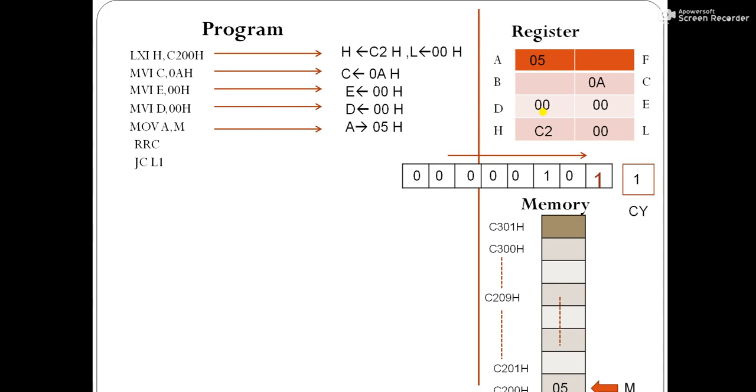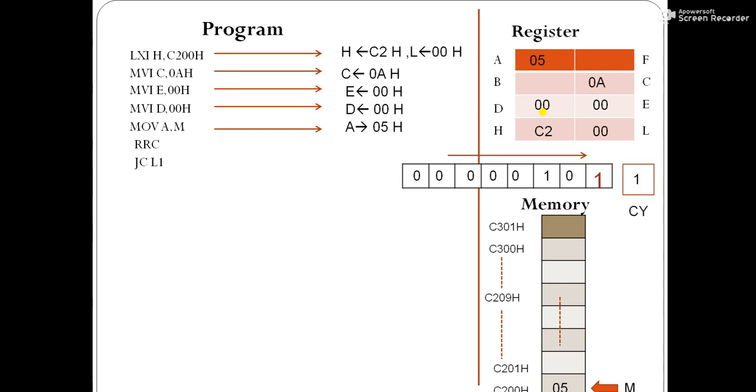So JC means jump if carry flag is set. If the carry flag is set, the last bit is 1, which means that the number is odd.